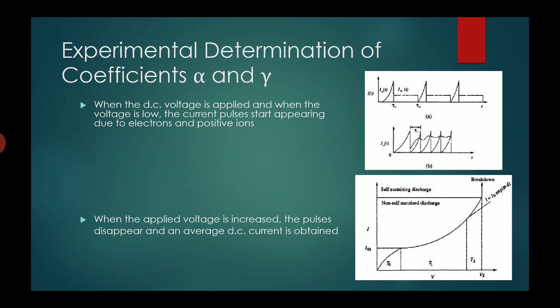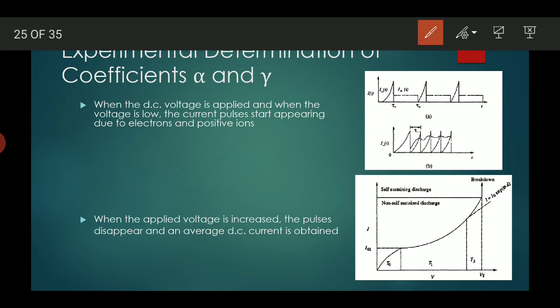You can see the current increases and then goes down, then again increases, then again goes down. This is that graph I was talking about. You can see the current goes up and then comes down, then again goes up and then comes down.